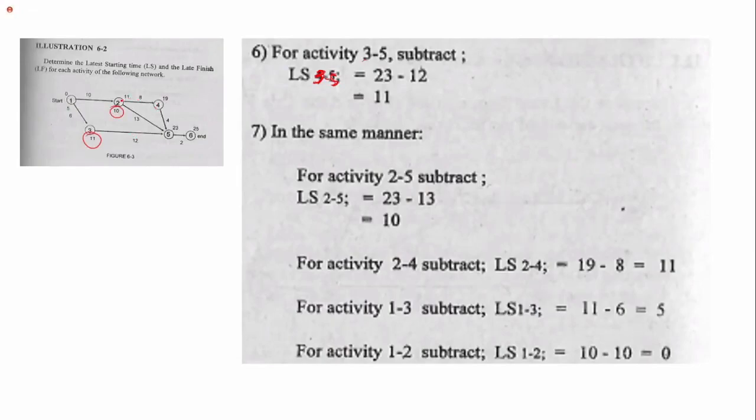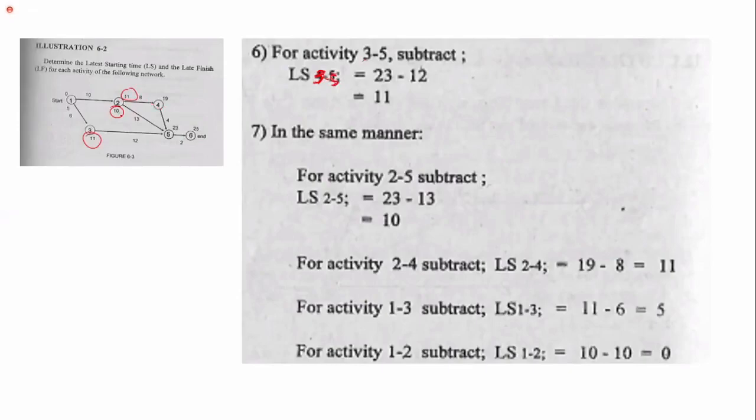And they converge at event 2. For activity 2 to 4, the late start for this path is 11. So at node 2, we have two late starts, 10 or 11. The 10 is the late start for activity 2 to 5, and the 11 is the late start of activity 2 to 4.